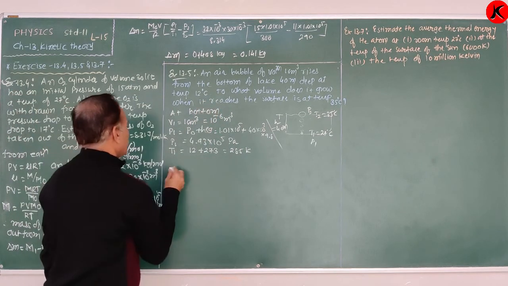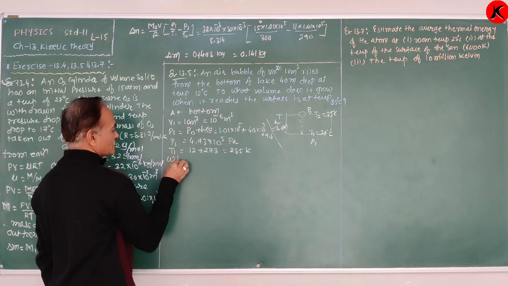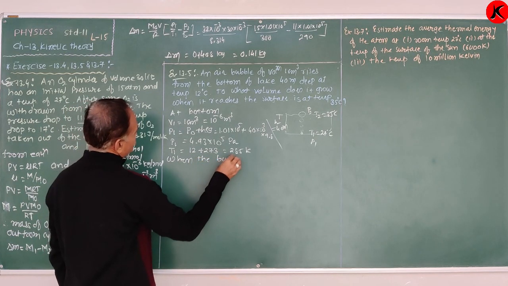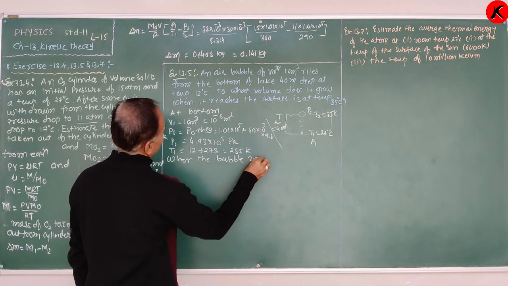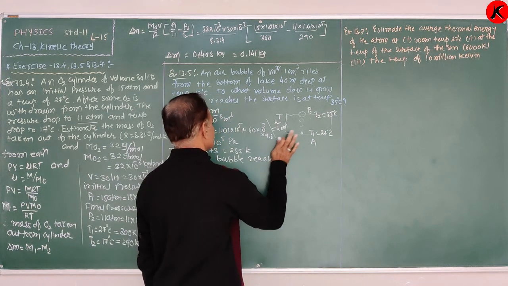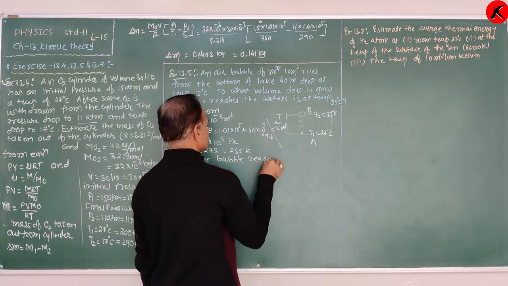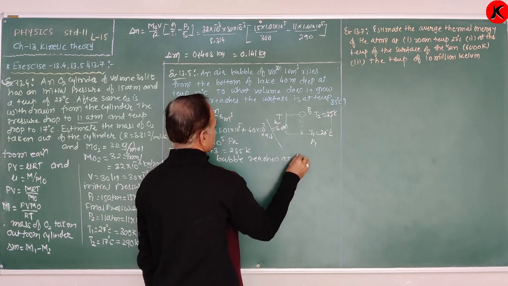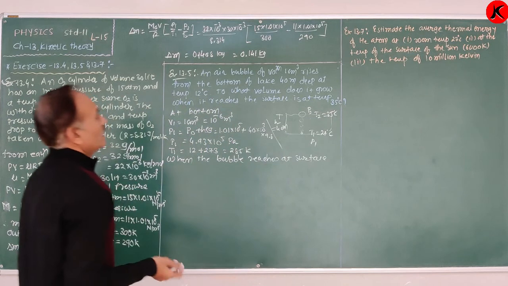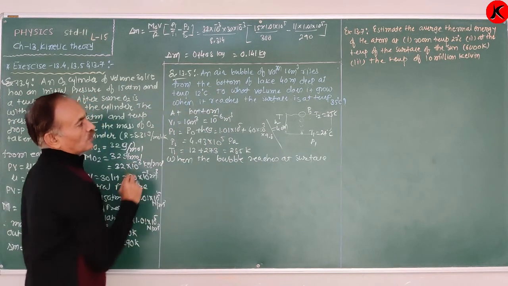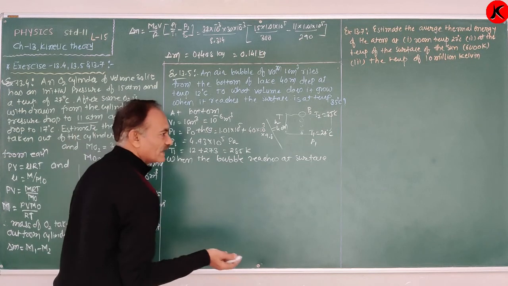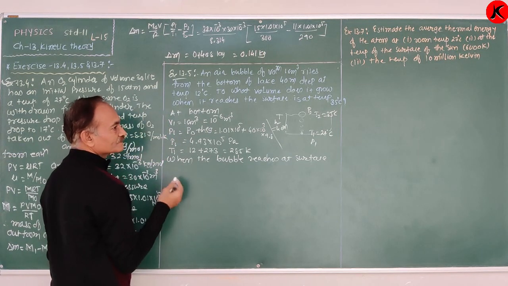Now, when the bubble reaches the surface, what is the temperature and pressure? The pressure is 1 atmospheric pressure.